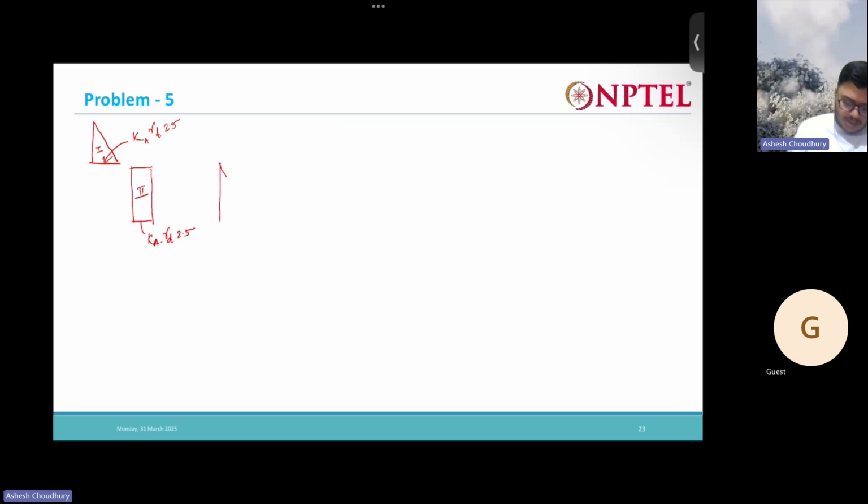Then you have this triangle, which is nothing but K submerged times 3.5, and then finally you have the water pressure, nothing but gamma W times 3.5. Okay, this is my P4. So P1, P3.